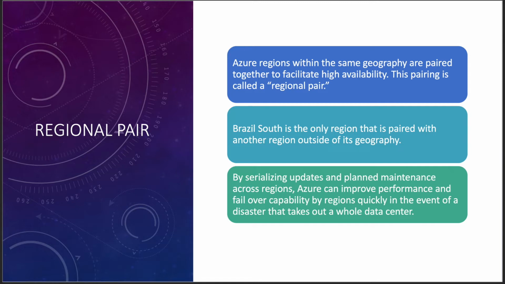You can also improve your performance and your failover capability in the event of a disaster, taking out the whole data center, or someone accidentally cutting the fiber optic cable or any other thing. You can get some really good updates going, and you can do a lot of good processes with this as a big part of your disaster recovery and business continuity process.